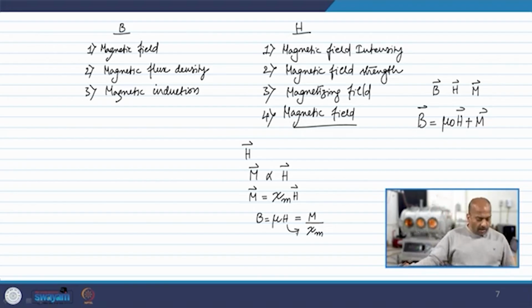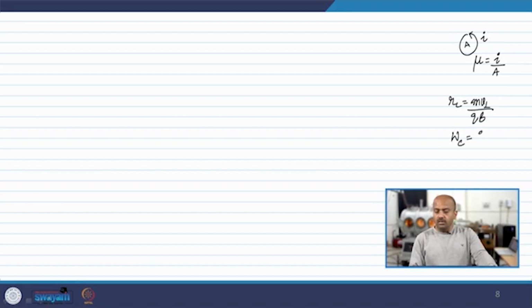Now, for the case of plasma, the idea of magnetic moment is simple, because when you have particles gyrating, you have an area that is enclosed and you have a current; the magnetic moment is current times area. We have a measure of this, r_L, which is m v perpendicular by qB, and the frequency is qB by m, right.